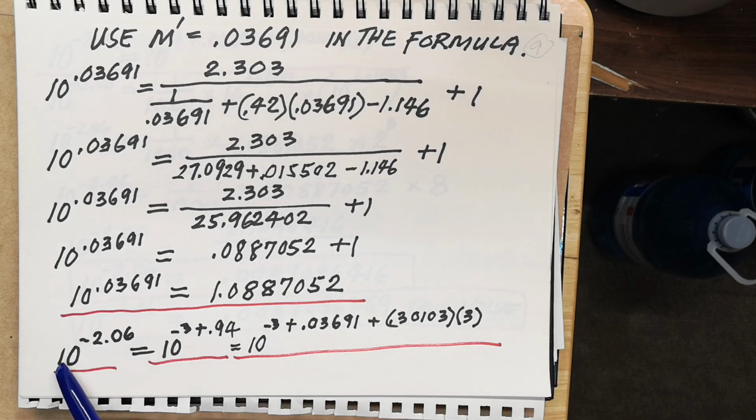So 10 to the negative 2.06 is equal to 10 to the negative 3 plus 0.94, which becomes 10 raised to the negative 3 plus 0.03691 plus the log of 2 value, 0.30103 times 3. That's the n equal to 3 multiple.